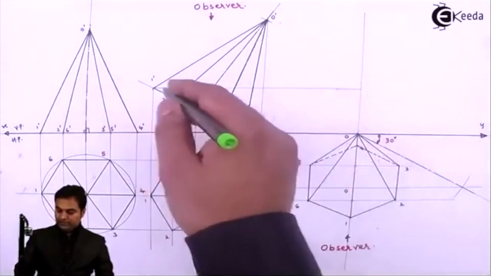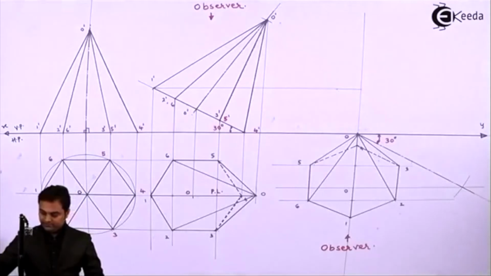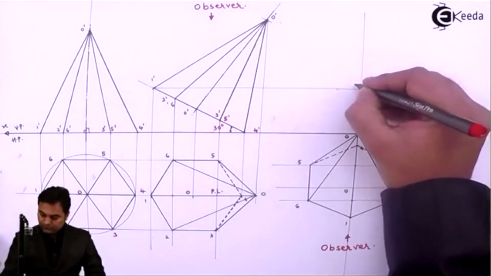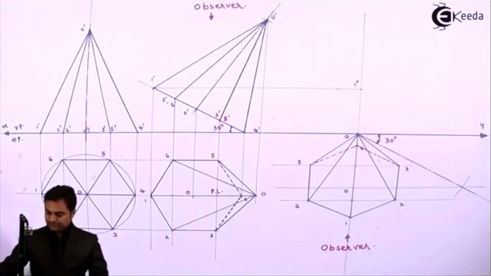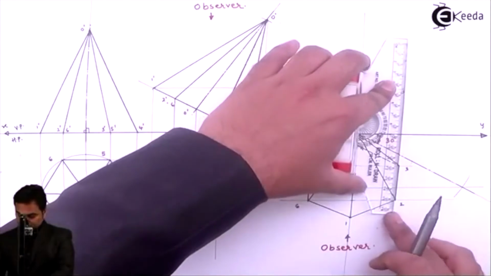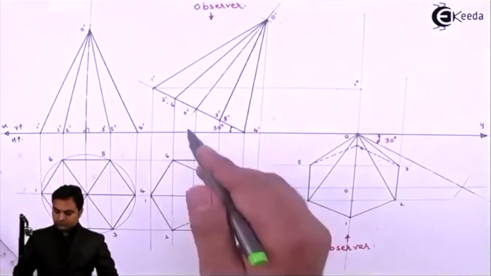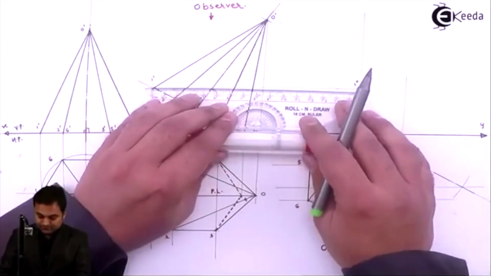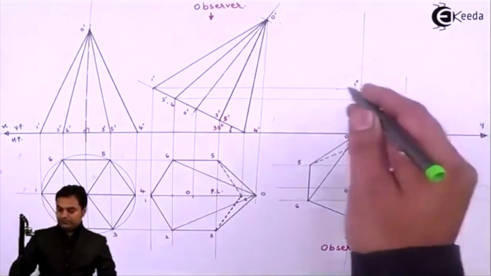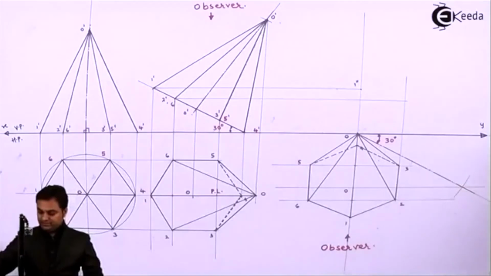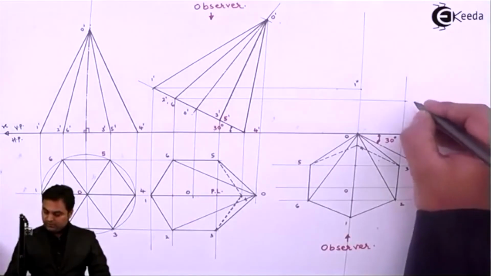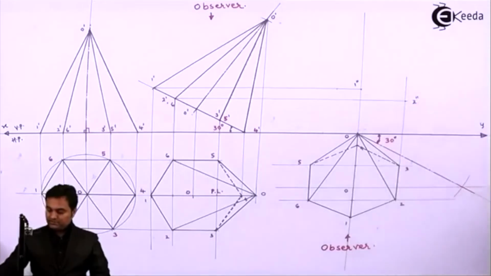So point 1 and 1 dash, wherever they intersect, that will give me the point 1 double dash. Next, point 2 and 3. So here we have 2 dash. Wherever point 2 and 2 dash they intersect, that will give me the point 2 double dash.